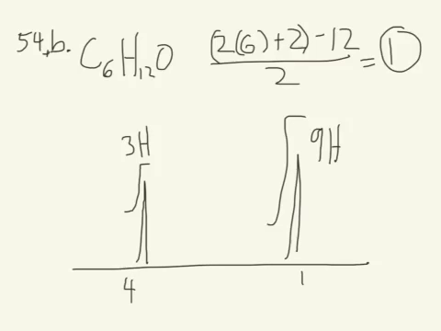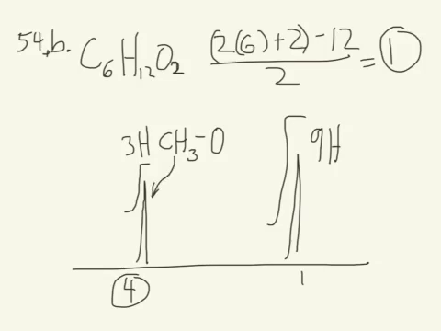Because the signal on the left is at about 4, all the way downfield, I'm going to assume that the hydrogens responsible for that signal are bonded to an oxygen. We know there's 2 oxygens. I had the formula wrong. 2 oxygens in this compound, and a CH3 bonded to one of them would create a signal at the right location.